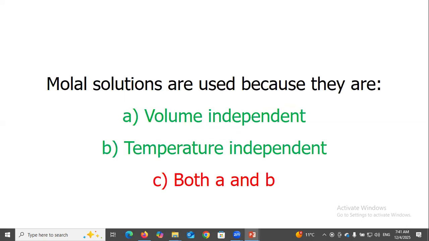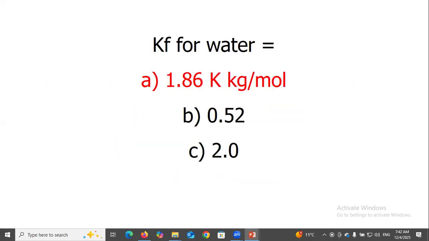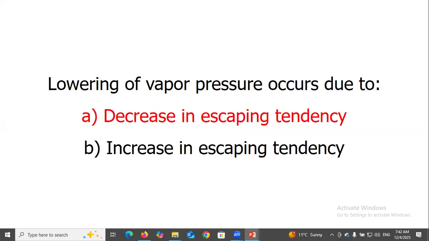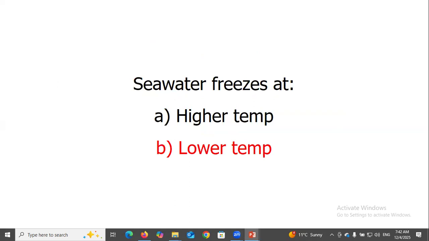Molal solutions are used because they are volume independent and temperature independent, so both A and B. Kf for water is 1.86, Kb for water is 0.52. Lowering of vapor pressure occurs due to decrease in escaping tendency.